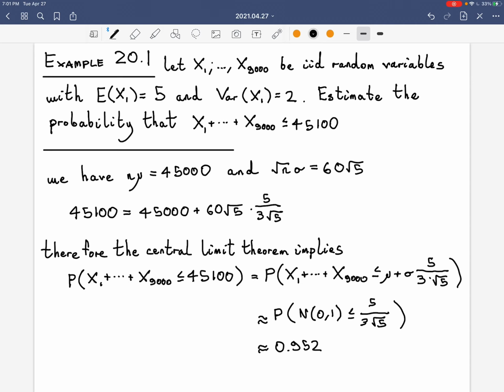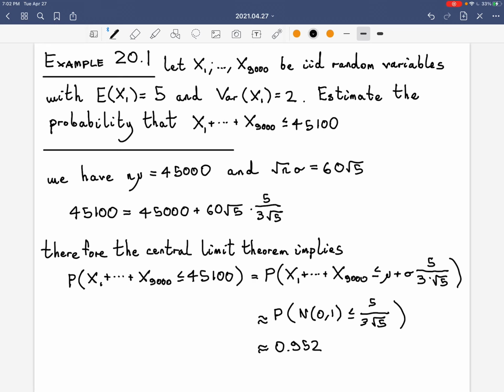And we're improving that detailed method to a much broader context here. But the basic form of the calculation is the same. So we have 9,000 copies of a random variable with expectation 5 and variance 2.